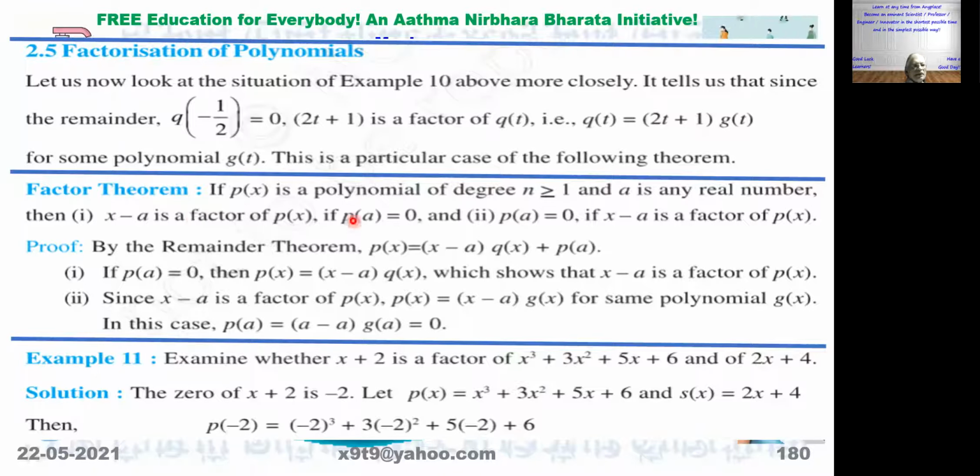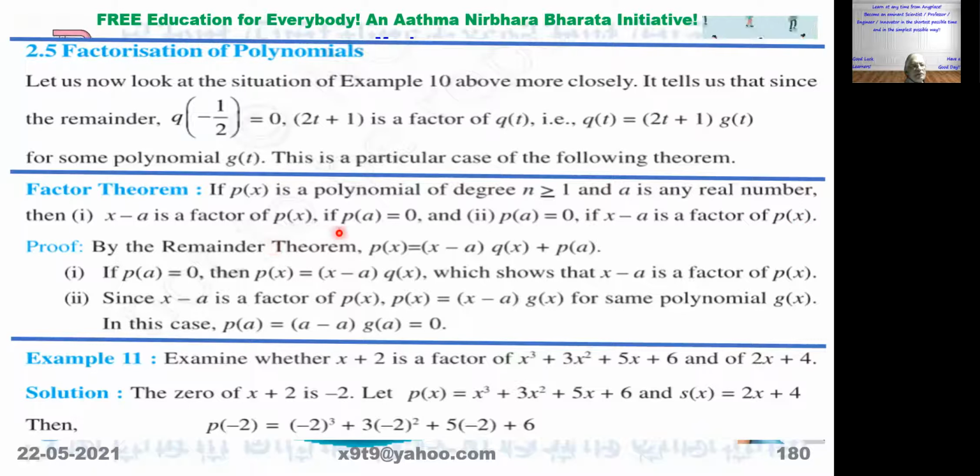That is, if the remainder happens to be equal to 0, or the value of the polynomial equal to 0, then this is a factor. Here it is stated that if the remainder, which is the value of the polynomial at x equal to a, is found to be 0, then x minus a will be a factor of the given polynomial, P as a function of x.